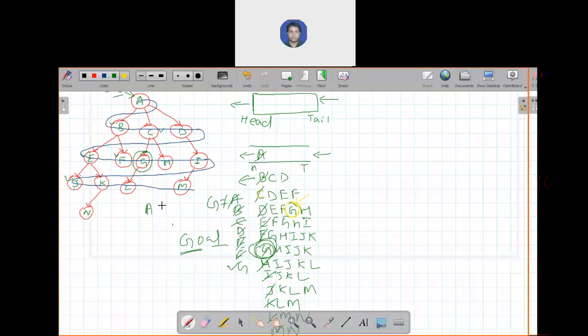So C is the parent of G, and when C was entered in the queue, A was removed, so you write A. This will be the path you follow to reach the goal state from your start state: A, C, G. From A to C and A to G, this is the path it will return.